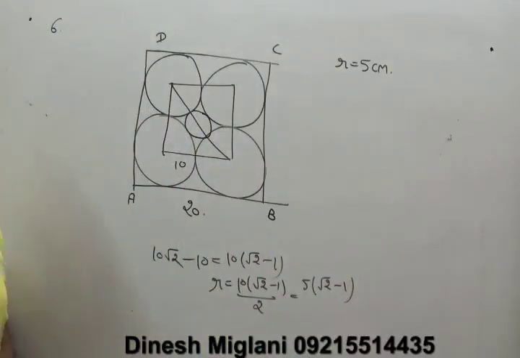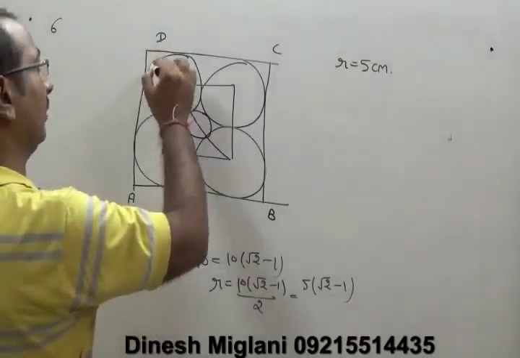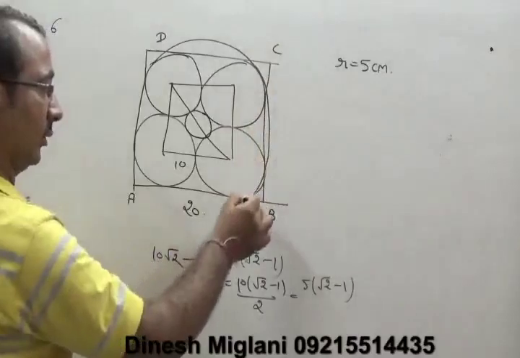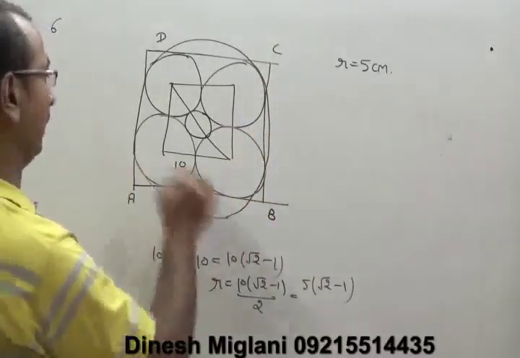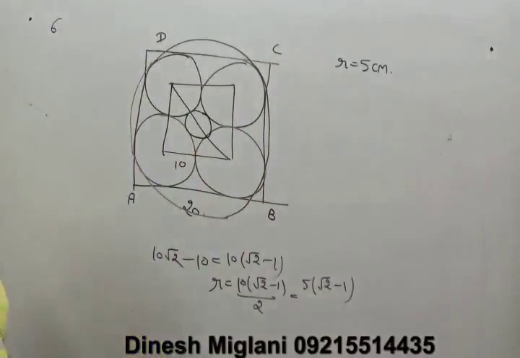I hope it's clear. Similarly, there may be a statement in which we have to find the radius of the circle enclosing all the 4 circles. Suppose this shape is given and enclosing all the 4 circles, we have to find the radius of the circle. Now what process can I apply?